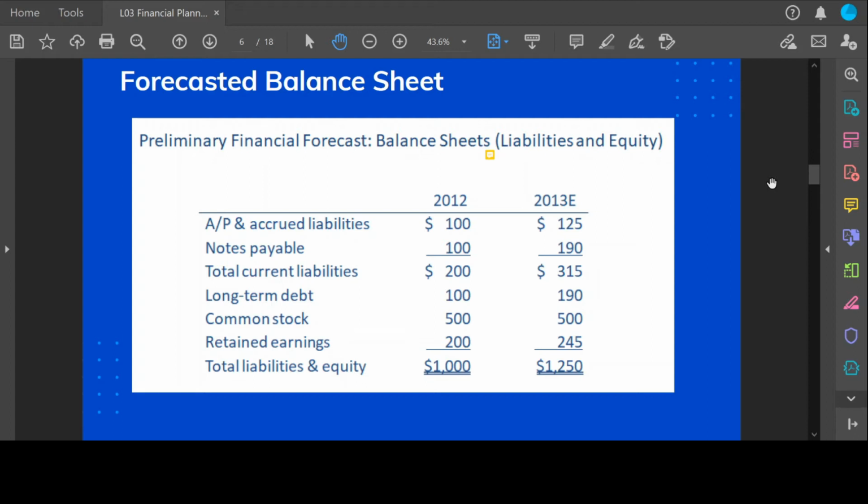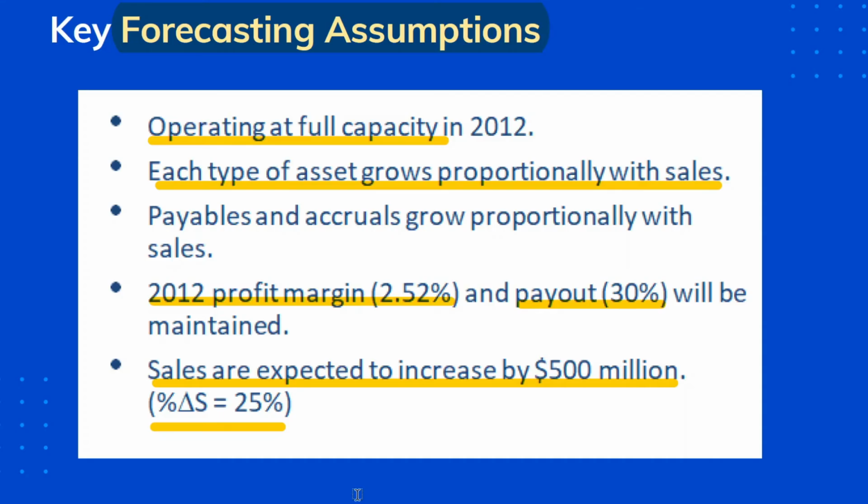Before we forecast the amount of liabilities and equity that the firm needs in 2013, let's remind ourselves of the forecasting assumption that we use. We assume that the accounts payable and accruals will grow proportionately with sales.